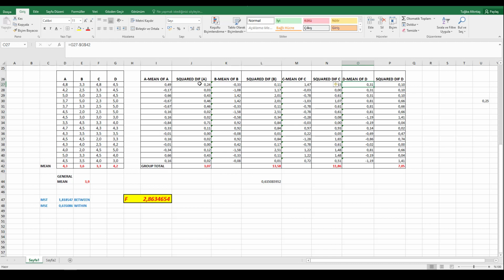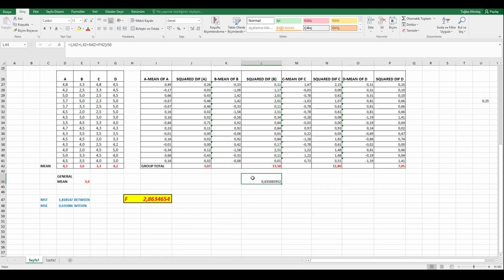Then by finding summations, we have group totals, respectively 3.07, 13.58, 11.86 and 7.05.